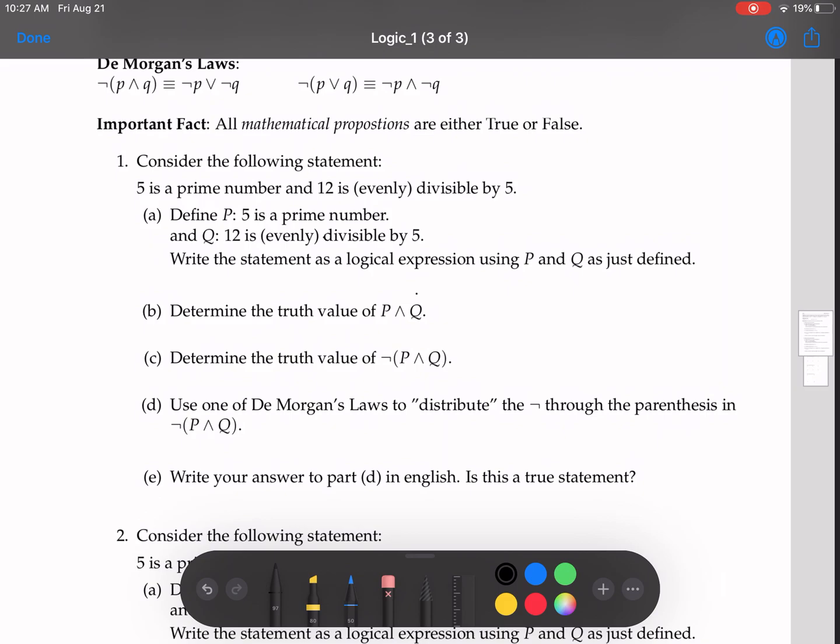All right, so here in part A, it says that 5 is a prime number. We're going to give that sentence, which can be evaluated as true or false, the variable P. And we're going to use Q to stand for 12 is evenly divisible by 5.